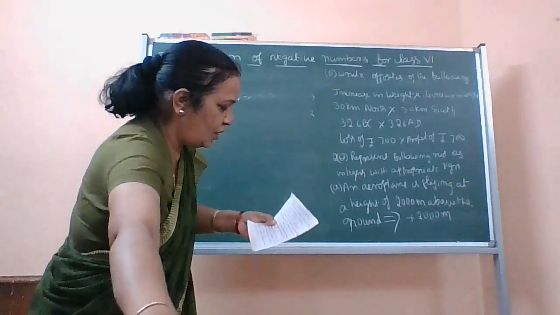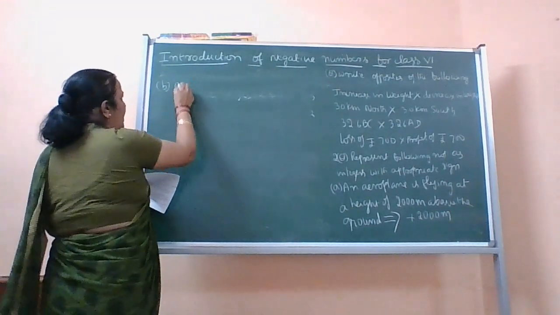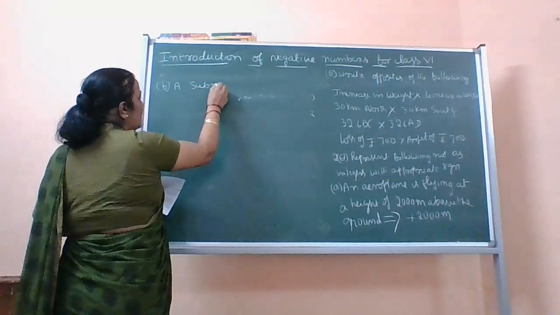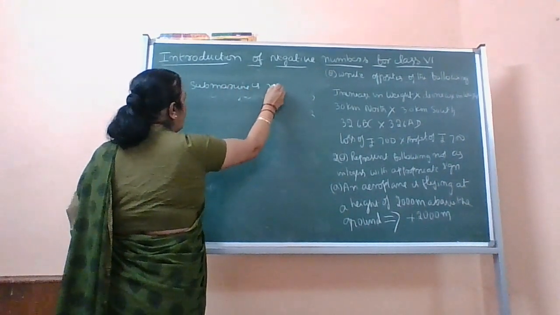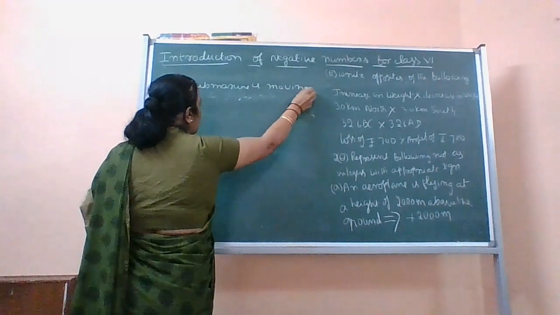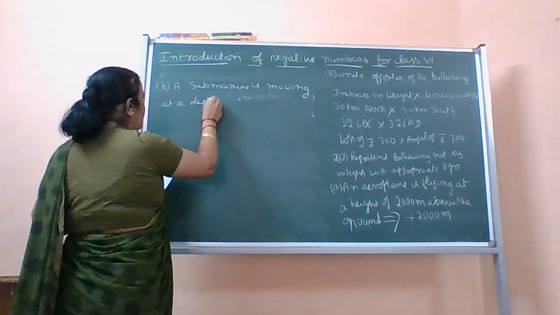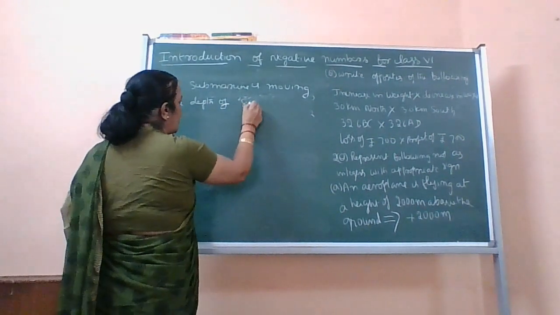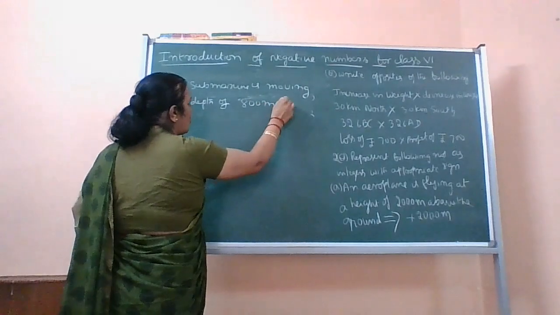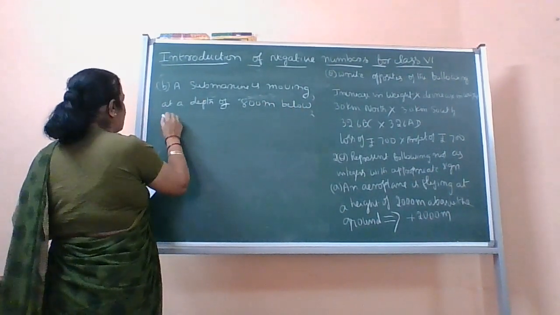Now, a submarine is moving at a depth of 800 meters below sea level.